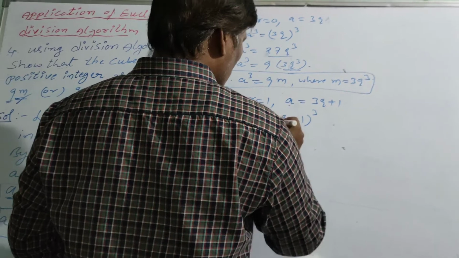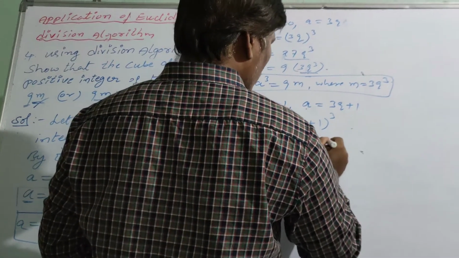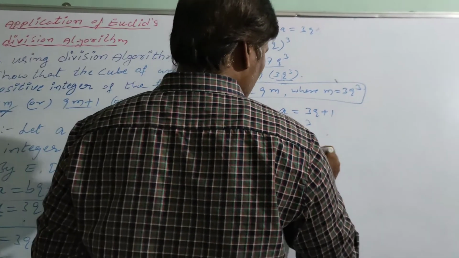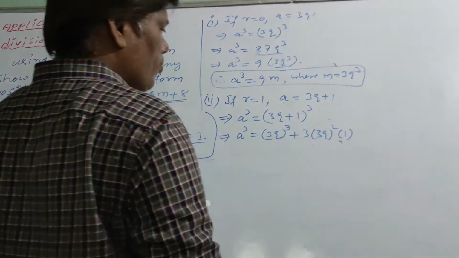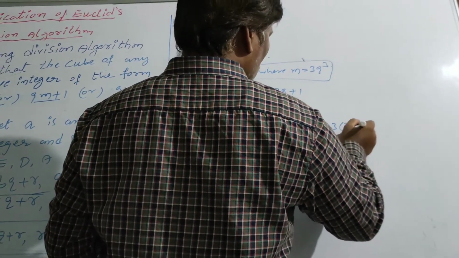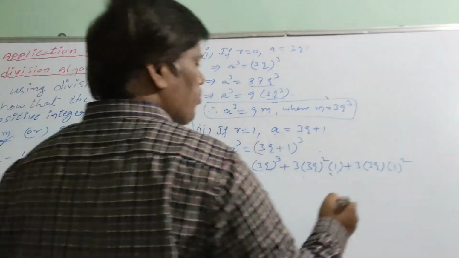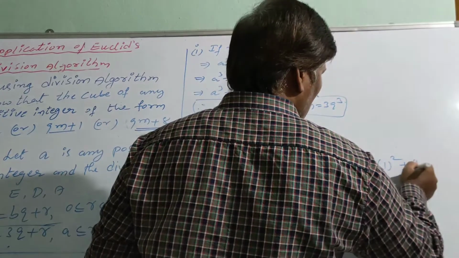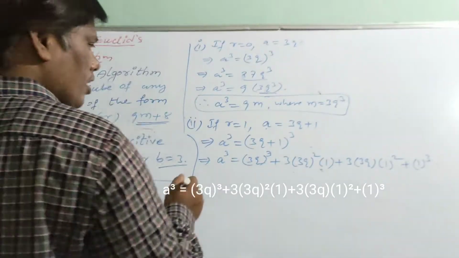A cube means 3Q whole cube, plus the second term 3A square B, that is 3 into 3Q whole square into B, which is 1, plus 3AB square, that is 3 into 3Q into 1 square, plus B cube, that is 1 whole cube. So if you expand, we will get this.